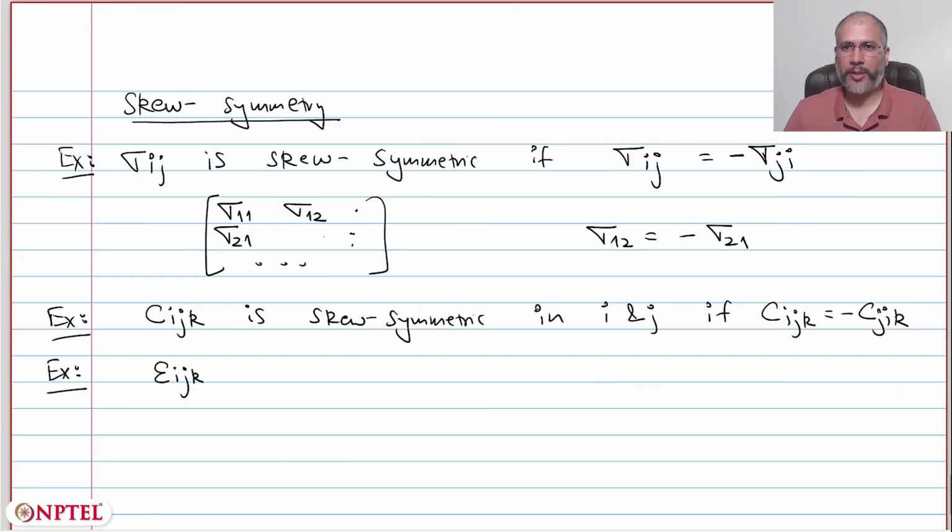Epsilon, as we said, we can assume to be a third order tensor. So think about it. You should pause the video and think about it. Is epsilon skew symmetric? Well, we can check.